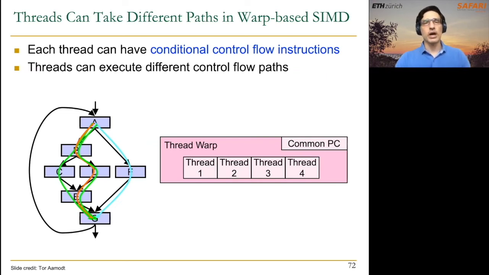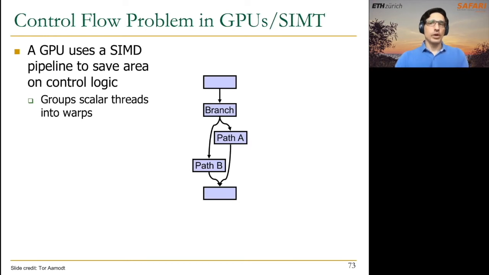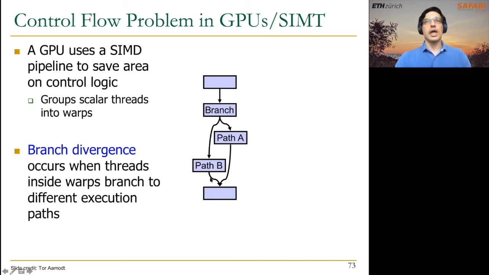We are going to start with a simpler example. In this case, we consider the if-else example. We have path A, for example the if path, and path B, for example the else path. How do we handle this divergence? Observe that when we start the execution, all threads in the warp are executing together.